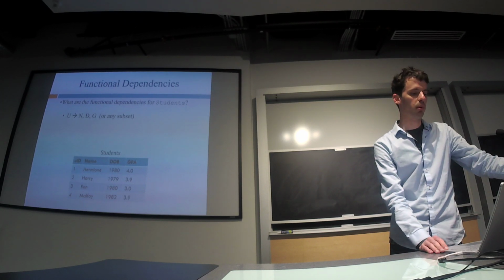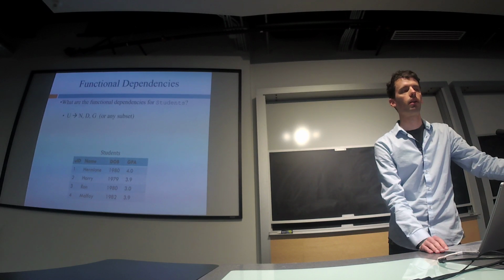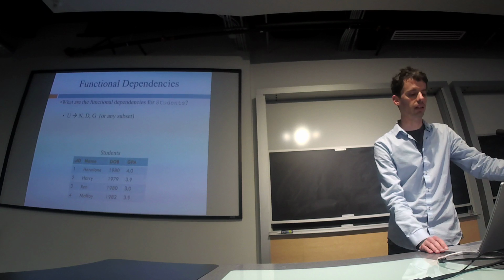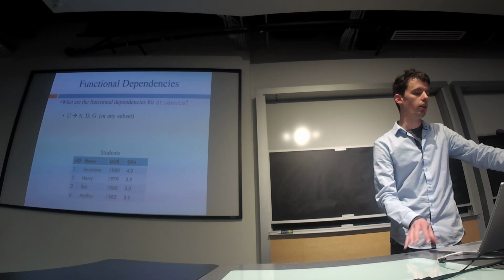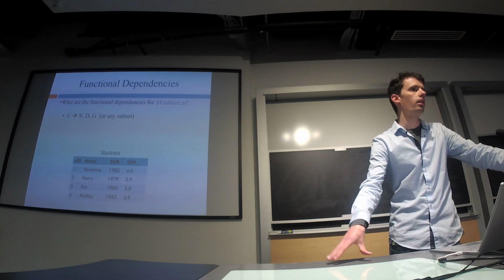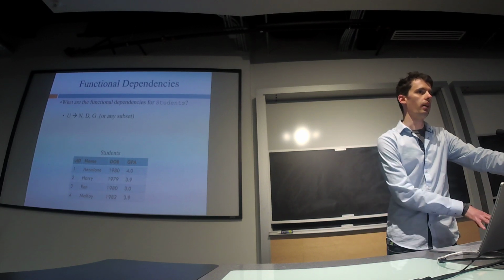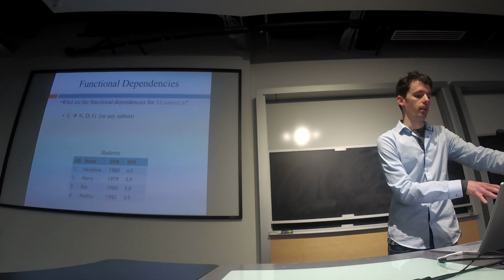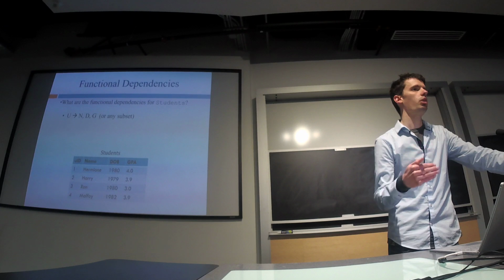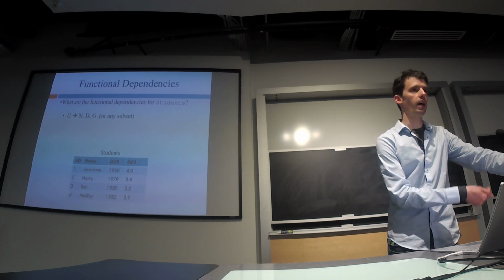No, so if I get UID and GPA, then even if GPA can change. Oh, I see, yes. Yes, so UID determines GPA. GPA does not determine UID. So yes, a person's GPA can change without their UID changing.